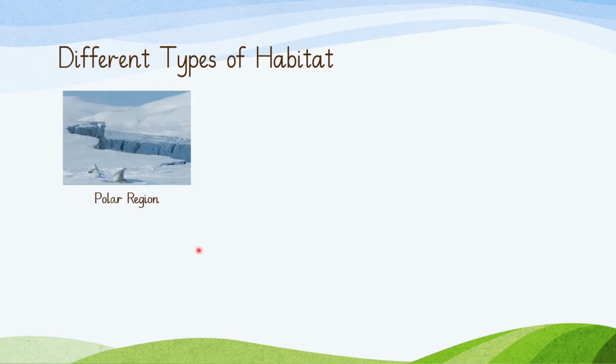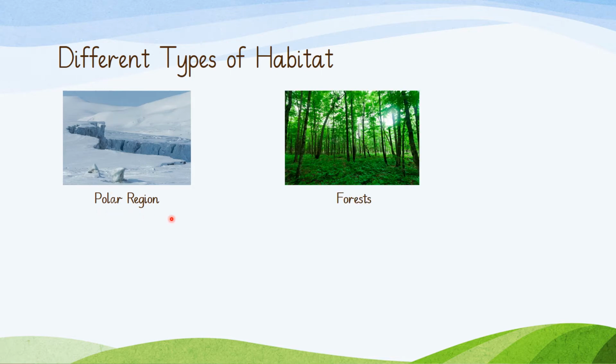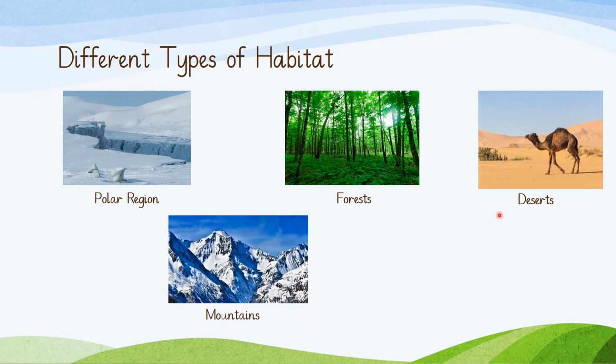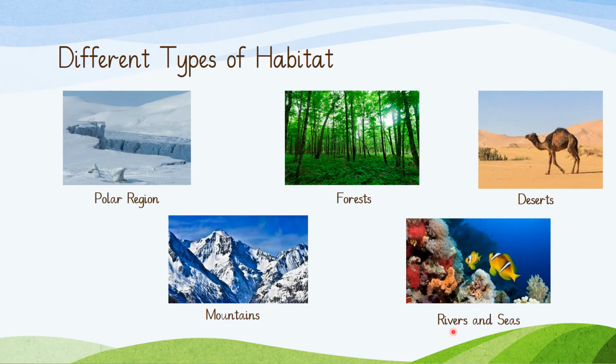So these are the different types of habitat. First is polar region that we have gone through a bit. The second one is forests. The third one is deserts. Number 4 is mountains. And number 5 is rivers and seas. All these different places have different types of living things in them.